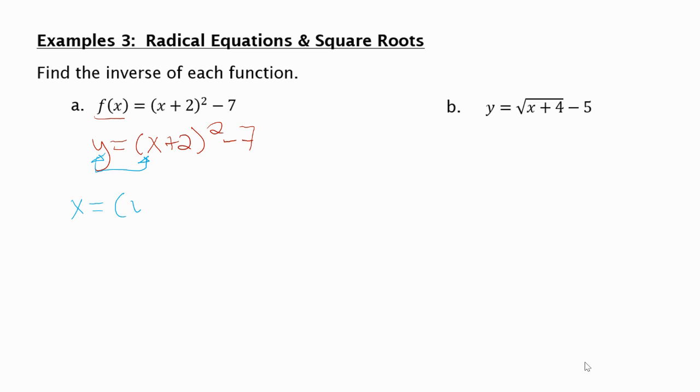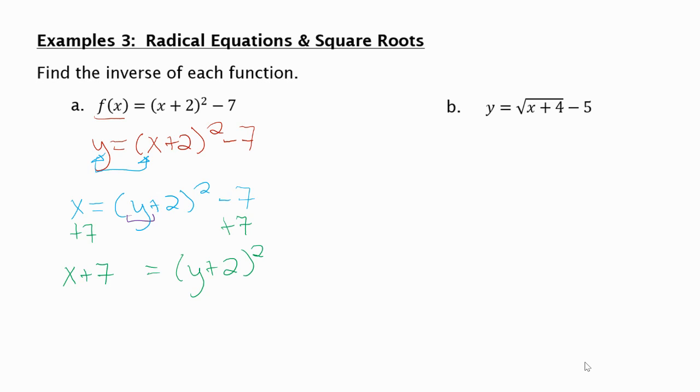So I have here y plus 2 squared minus 7. And now we're going to go ahead and solve for y. So we're going to get y all by itself. You're going to use the square root method like you used in Math 2. So we're going to add 7 to both sides. And I actually don't need this little parenthesis right here, probably.